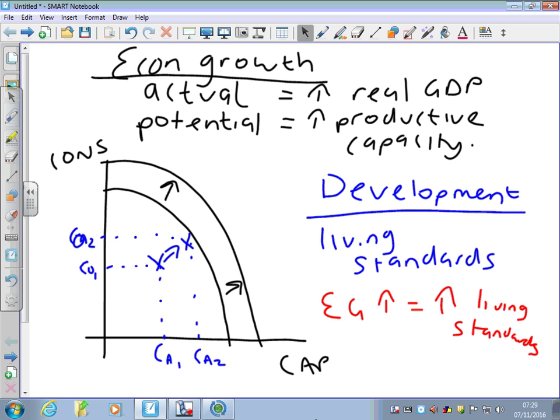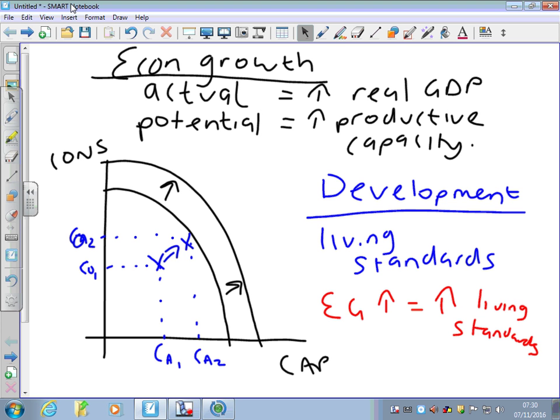There are more jobs available. More jobs will mean that wages start to grow. People can access a bigger range of goods and services, better housing, better infrastructure, better food, better clothing. But on top of that, with more people working, more people are paying taxes. There should be more funds available to provide people with things like better healthcare, better education, better opportunities.